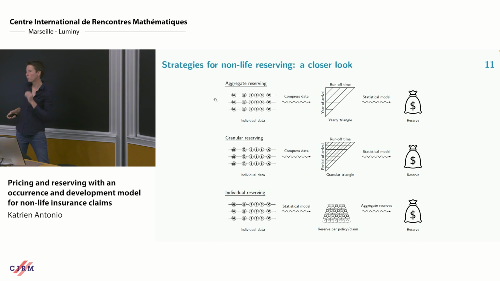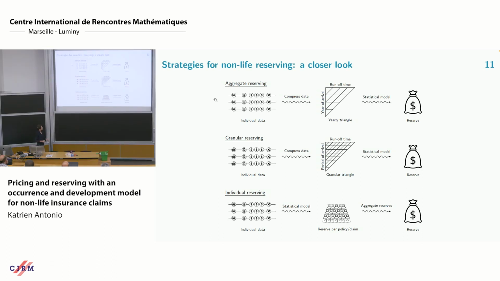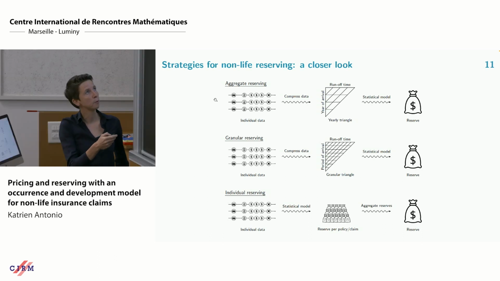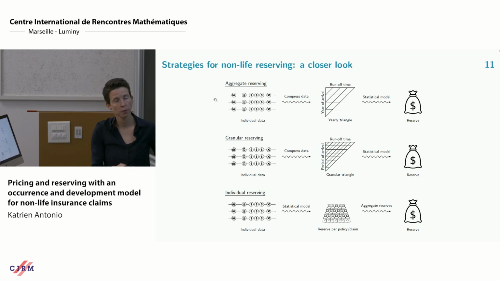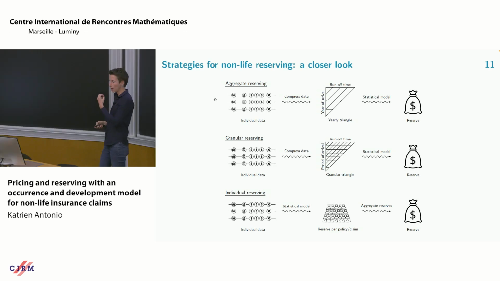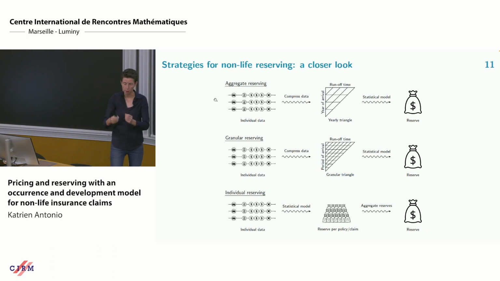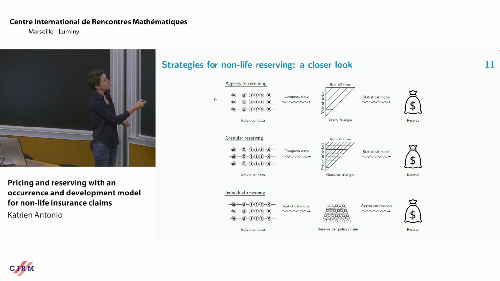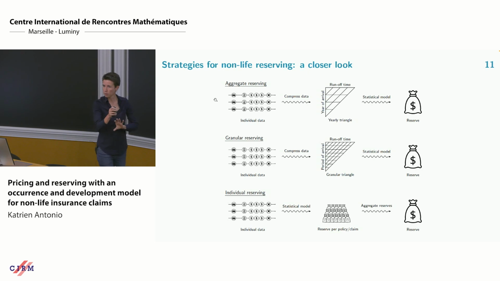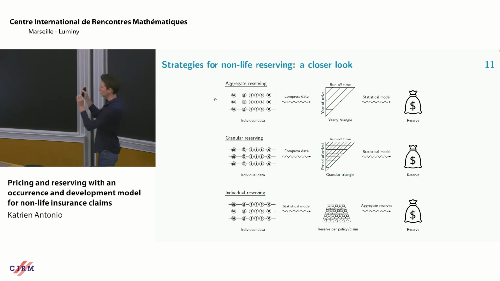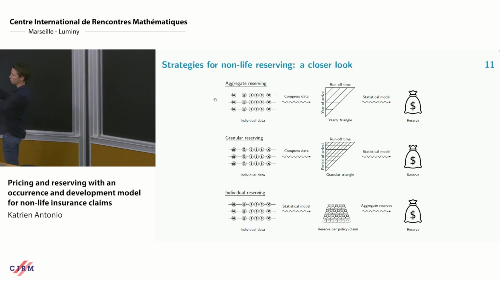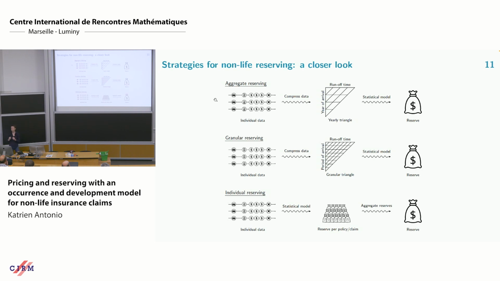What do we mean then with granular reserving? Well, then we still do the compression of the data, so the aggregation, but we do it in discretization steps which are quite granular. And in some of our work on IBNR reserving, or predicting the number of IBNR claims, we even went to the daily level, right? So that's the distinction I want to make here. You aggregate, but you aggregate on a very detailed time scale.